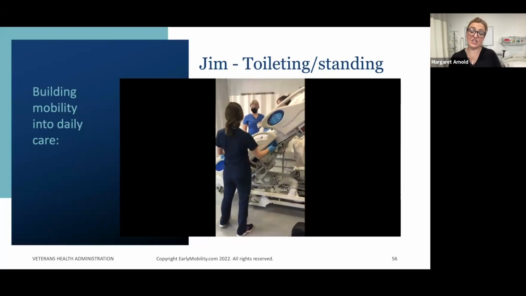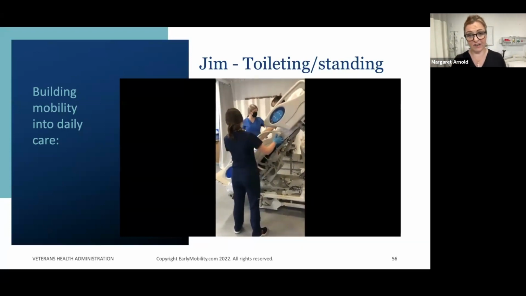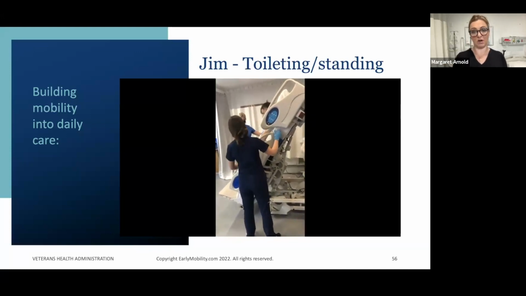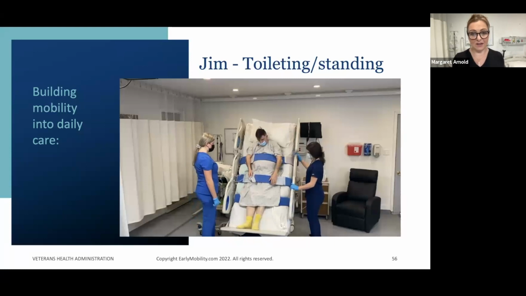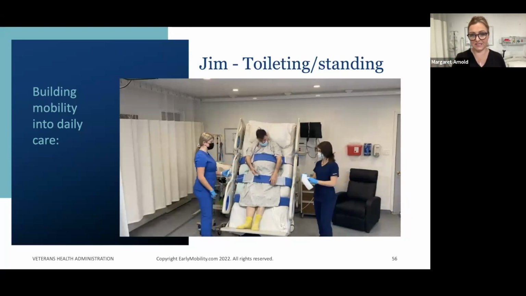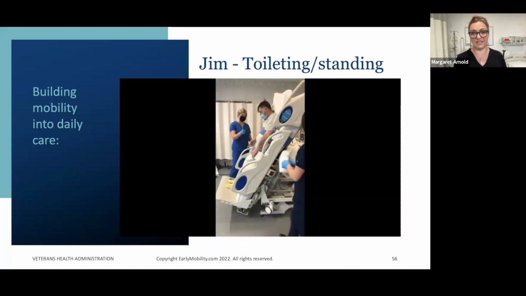But if the patient can participate and you can stand him up and give him a urinal, he will void his bladder better, his lungs will work better, his bowel and bladder will be more effective, he's getting weight bearing on his feet. If you've got a bed that goes into a partial or a full standing position, use that feature during your activities of daily living.